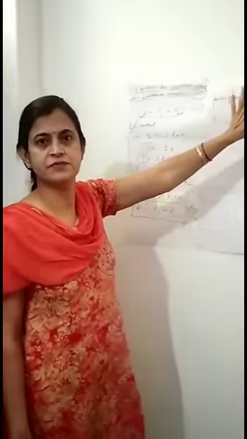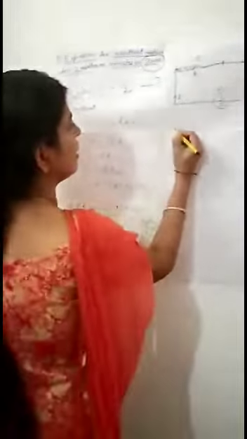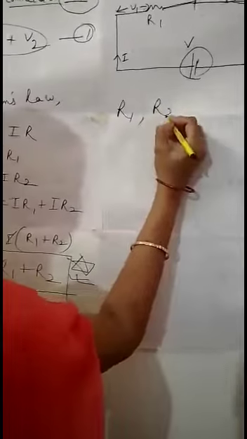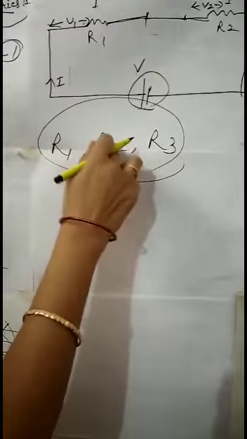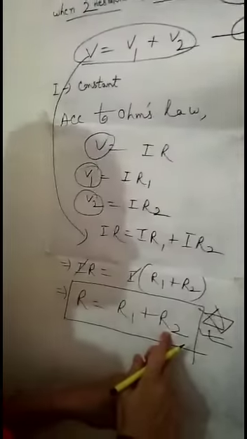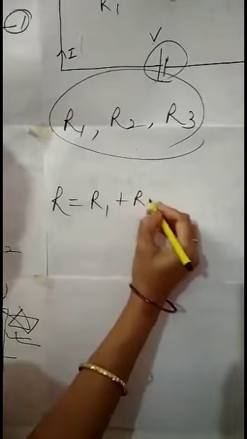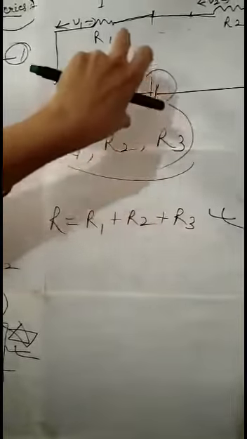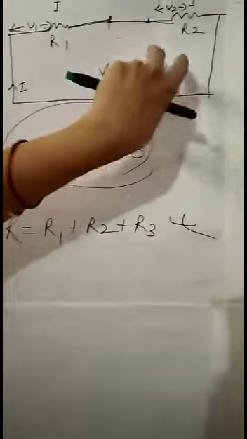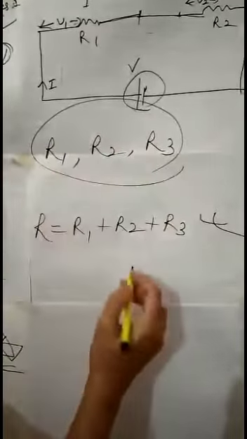Clear? Now if we connect three resistors, suppose R1, R2 and R3, in series, then what will be the resultant resistance? R is equal to R1 plus R2 plus R3. Similarly, you can apply if you connect 4 resistances, 5, 50, 10, 100, anything you can take.